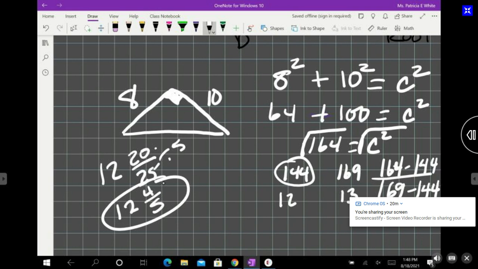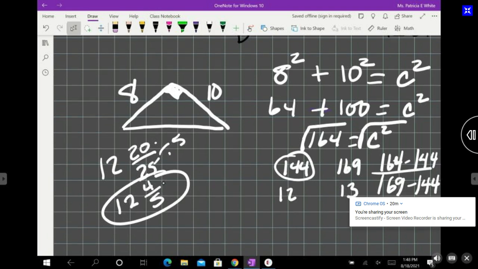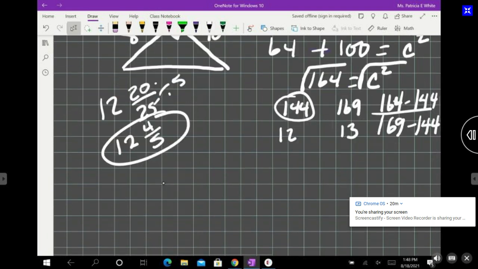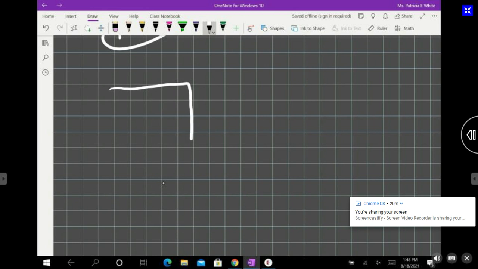All right. So when I have both legs, I've got to add. But look at problem 10. I have a 24 and a 26. Now I got to square those numbers. Let's practice our squaring.